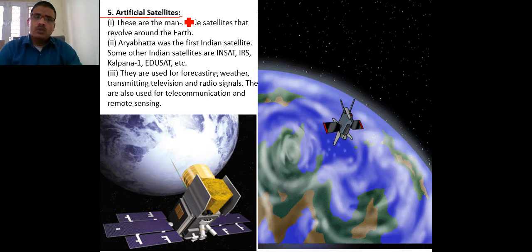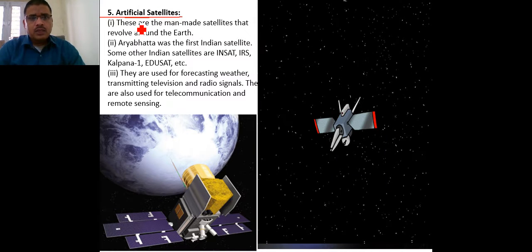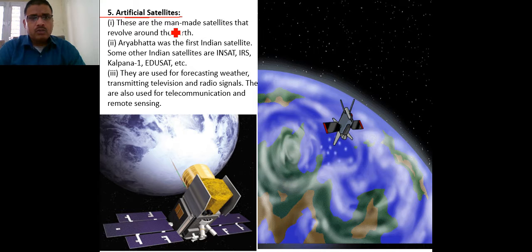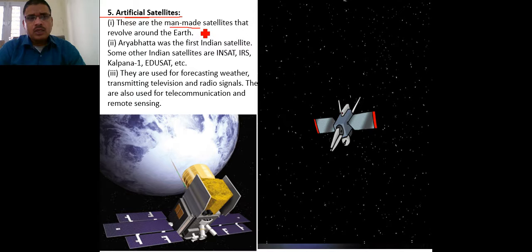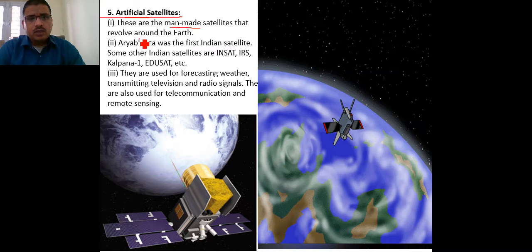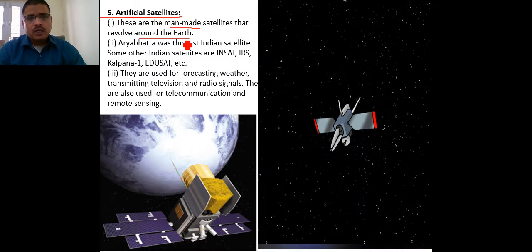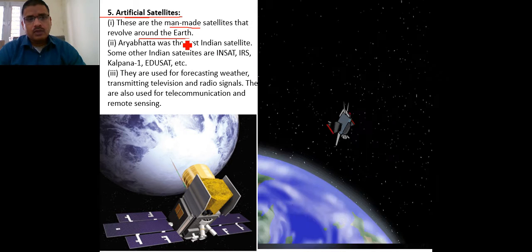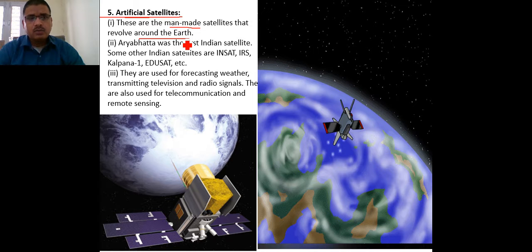Artificial satellites are satellites made by man, and they revolve around the Earth, number one. Scientists have made and established different kinds of artificial satellites in the sky.